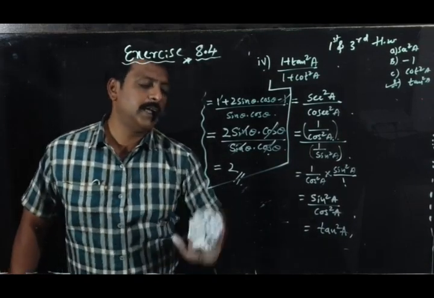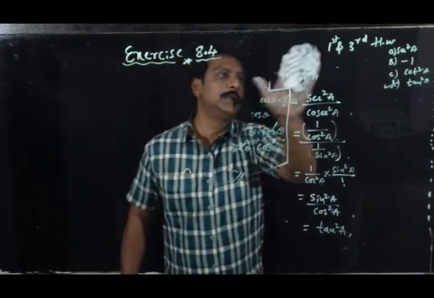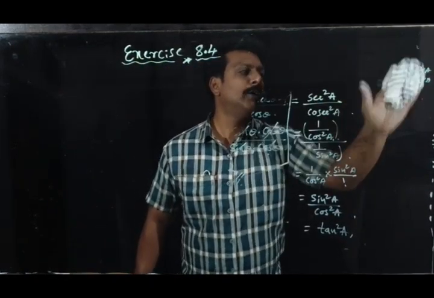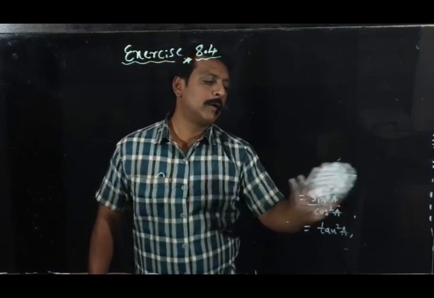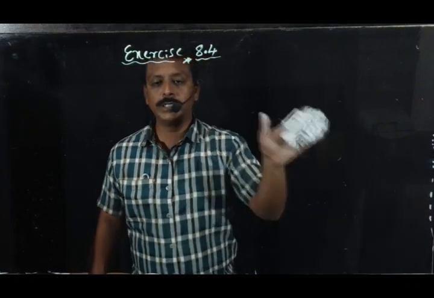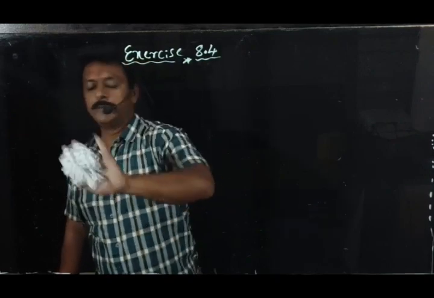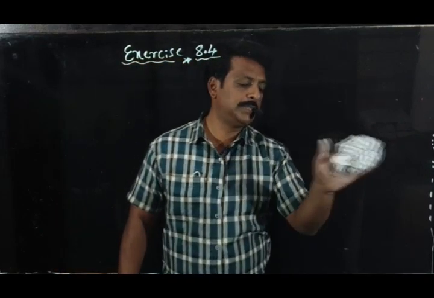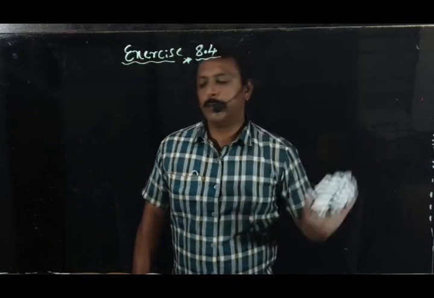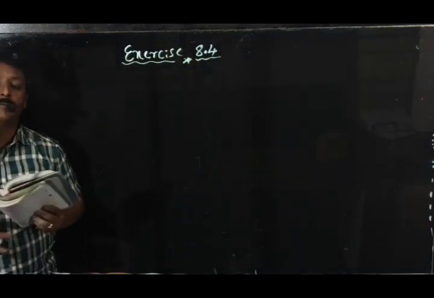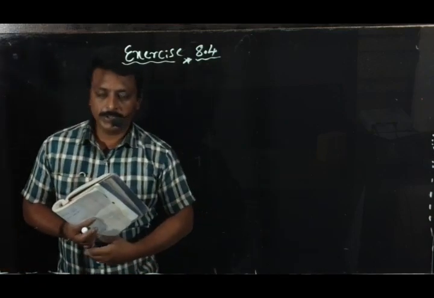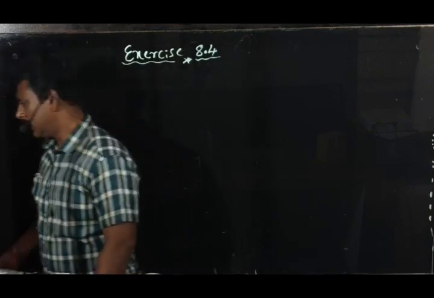Till this exercise 8.4, you have your second unit portion. I already sent in our broadcasting group that the portion for your SSLC is pair of linear equations in two variables, arithmetic progression, and this introduction to trigonometry.